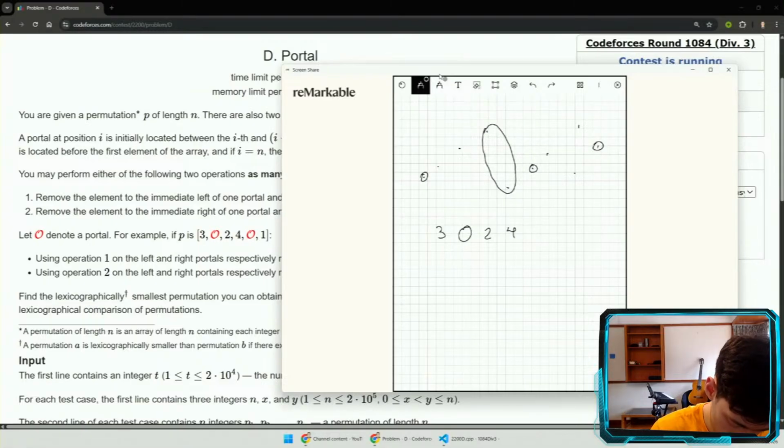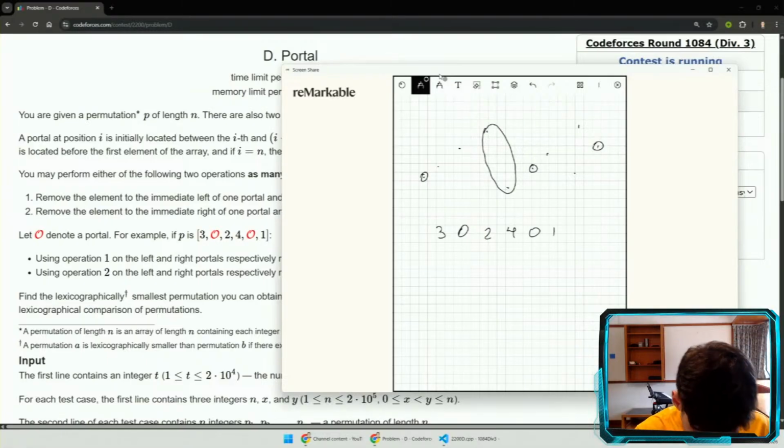I'll just do zeros for the portals, honestly. And so what kinds of permutations can I get here? Somehow the block between the two portals, I can just cyclically shift as much as I want because putting 2 here pops it out here.